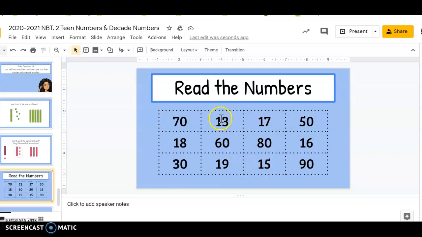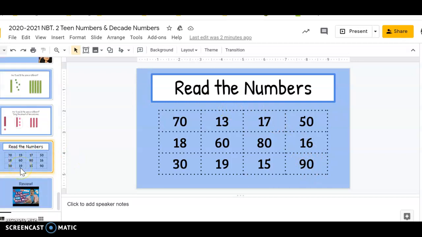I know that these are teen numbers because what number is first? 1. Okay, so let's go ahead. I'm going to point now. You read. Awesome. Great job, guys.